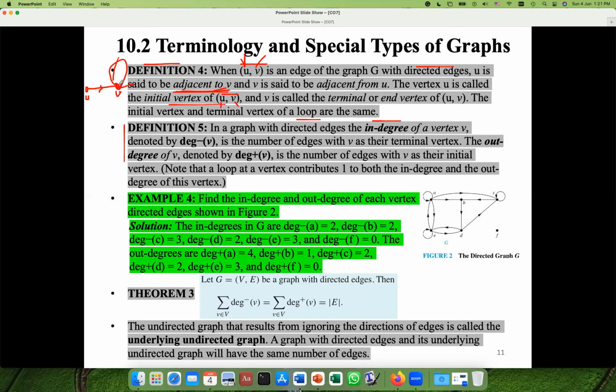And you have to look, for example, if I say, what is the in degree of this vertex V? You have to count the edges coming into that vertex. So this is 1 and this is 2. So 2 is the in degree of this node. And you can represent it with deg minus V.